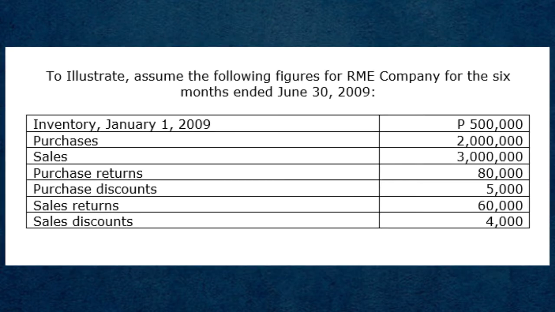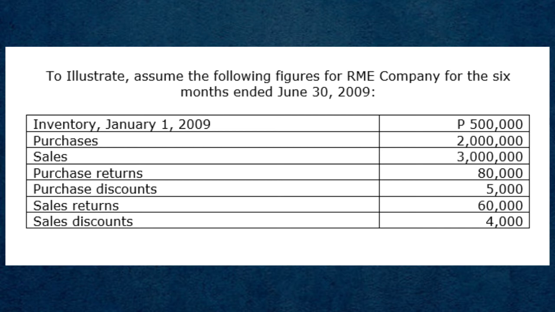To illustrate, assume the following figures for RME Company for the 6 months ended June 30, 2009. Inventory January 1st, 2009, 500,000 pesos. Purchases, 2 million pesos. Sales, 3 million pesos. Purchase returns, 80,000 pesos.